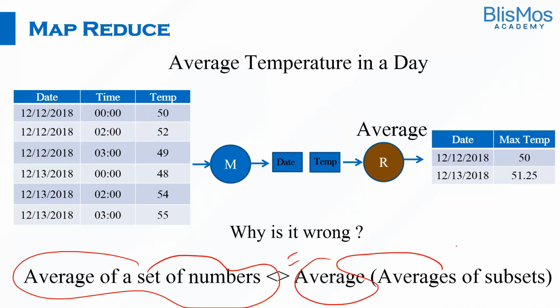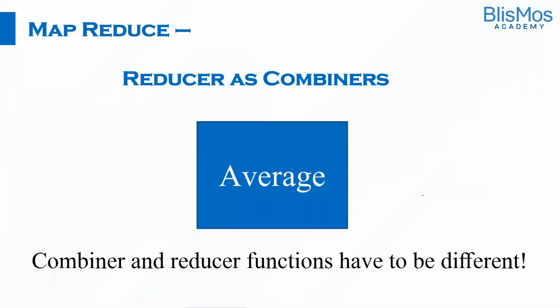That will not work. It may work when we say maximum, minimum, and sum. When you take the case of average, it will not work. In this case, we cannot have the same logic of reducer as combiner. We got to have combiner and reducer logic different.